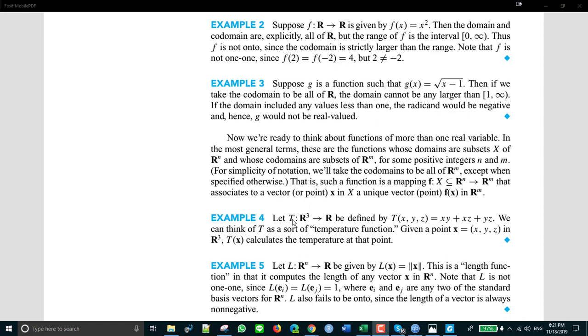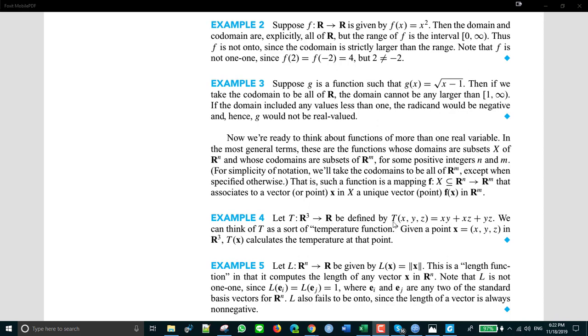So first, we're going to take a function from R3 to R. Now, we said that we can have more than R here, so we can have R2, R3, R4, and so on. We can also have more than R here, but here we're only having R3 to just R. Okay, but anyway, this is a first example.